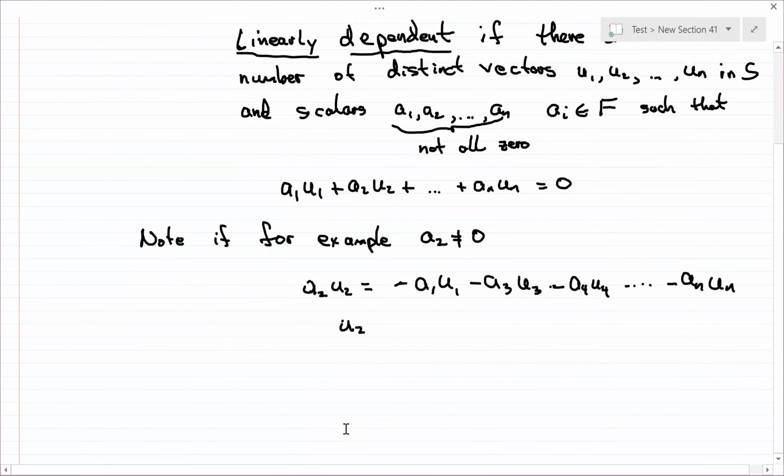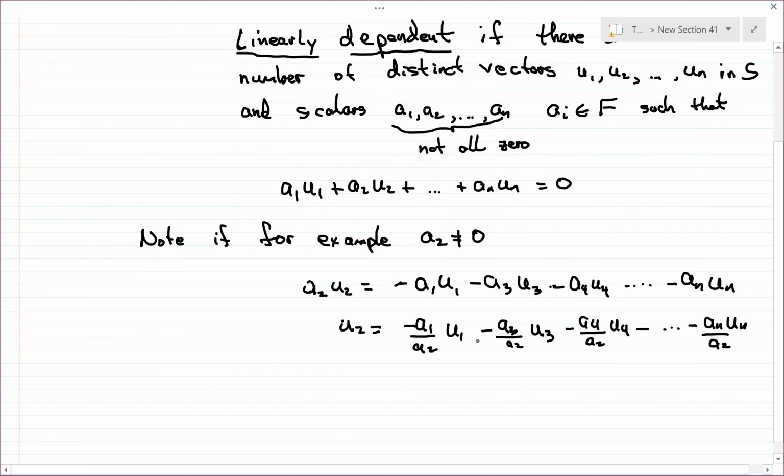And on the right side, you would have minus A1 over A2 U1, minus A3 over A2 U3, minus A4 over A2 U4, all the way down the line until you got to minus AN UN over A2, which means this vector can be achieved in terms of the other vectors.